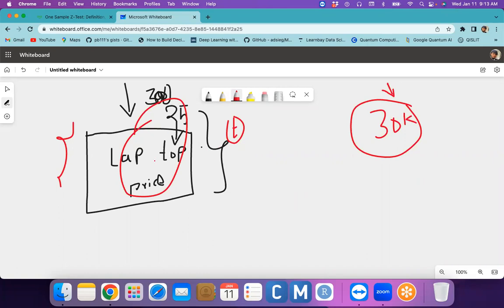Now you're taking these 25 samples and applying the t-test. Here we have 25 data points, so 25 is your sample size, and you have the everyday price, and from that you're calculating the mean and the standard deviation of this sample.